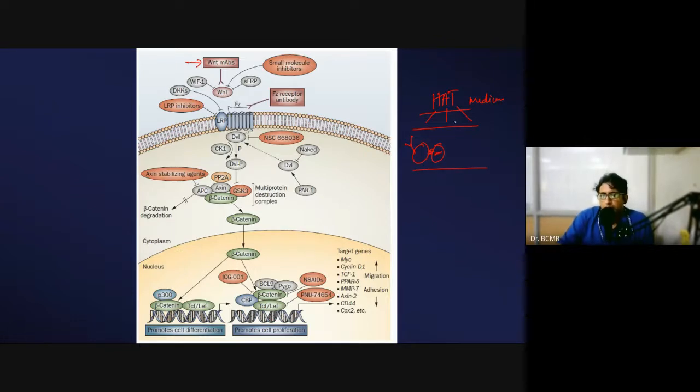There is a whole genetic screen that is made, and then you raise them again in HAT medium. Only those fused cells which can grow continuously and produce antibodies will survive, and the rest will not. Now one cell will produce antibodies against one epitope, and all such antibodies will be cloned as monoclonal antibodies.